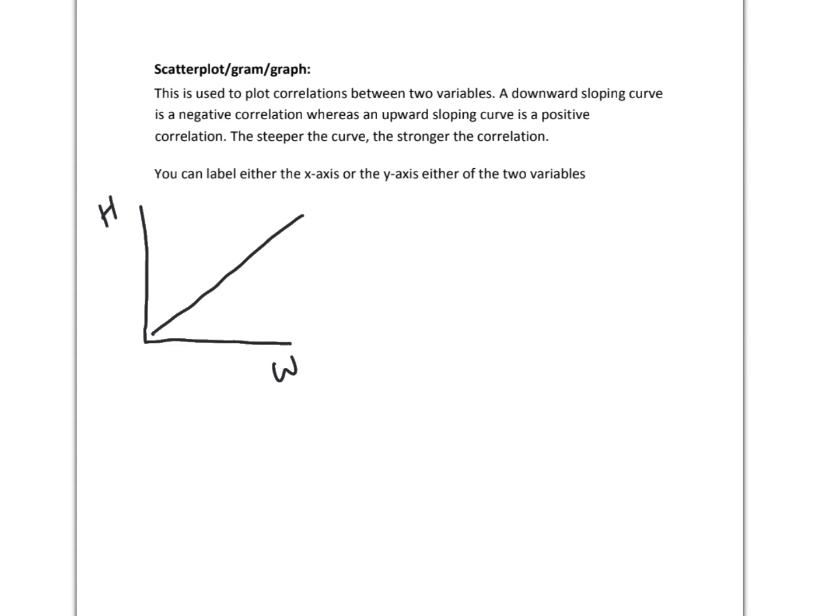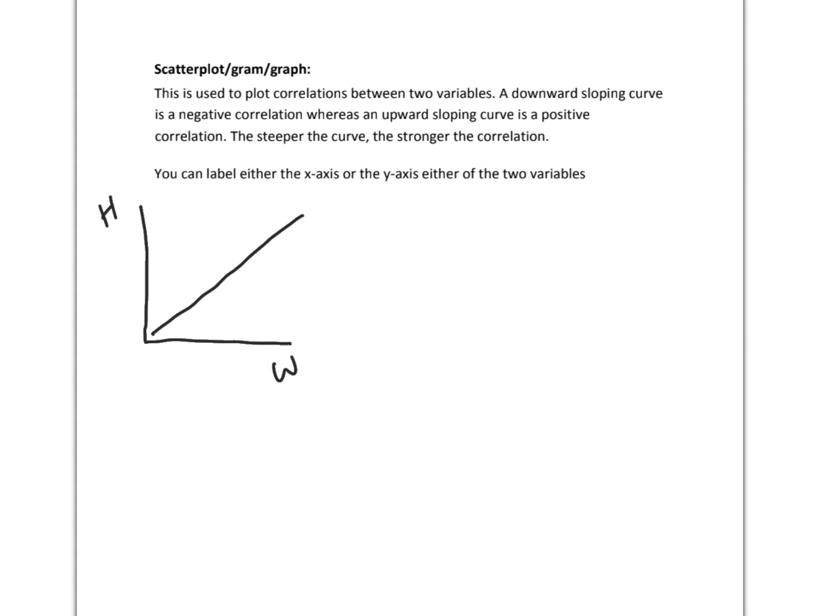This is an example of a very strong positive correlation. In a scatter graph, any upward sloping curve is depicting a positive correlation. So through this, we can see that height and weight have a positive correlation. And because it's really steep, that is letting us know that it is a very strong correlation.